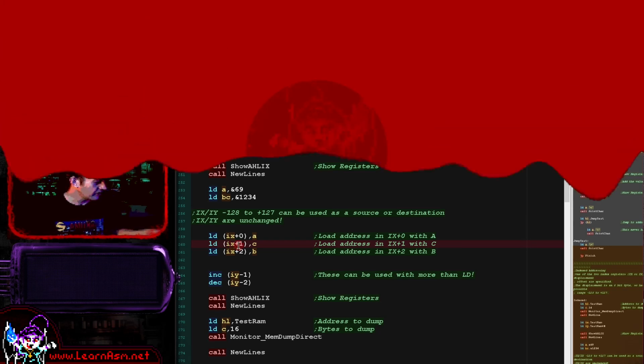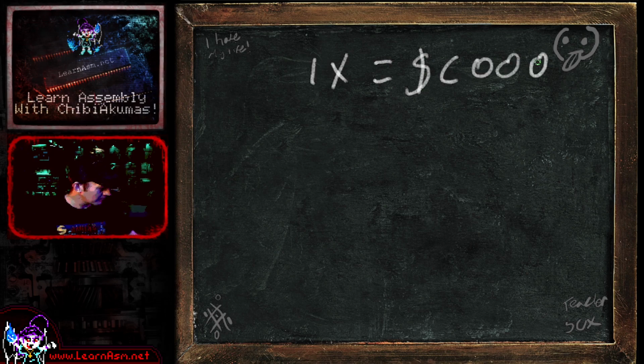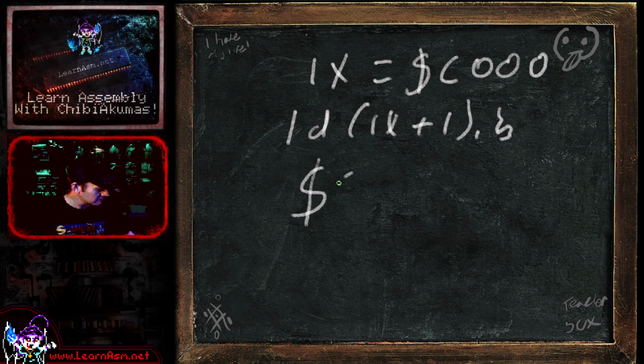And what this does, if I just go over here, is it will take the value in IX, which let's say is C000, just for simplicity, and this load IX plus 1 comma B will take the C000 plus 1, and so that will be C001.